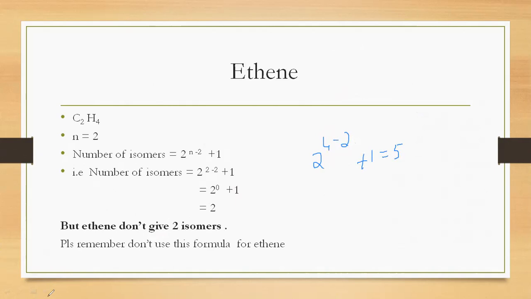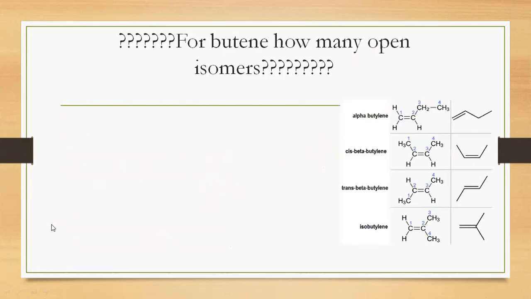You got only 4 now. What about the fifth one? See here, one more point you have to remember. Actually, if you consider this butene along with their cis and trans, they can show up to 6 also.